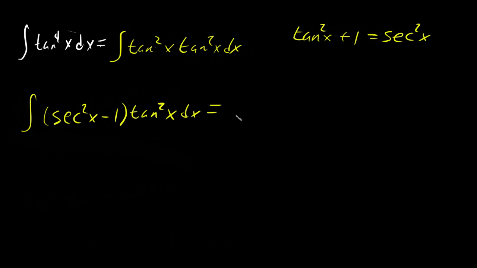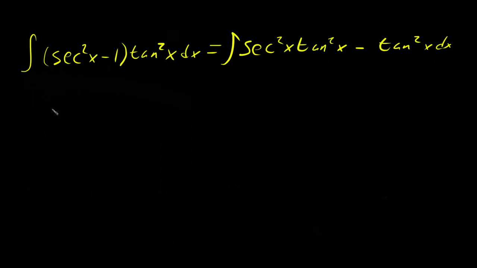Let me rewrite this going across. Okay, so one thing that you might notice is that since there's a minus here, splitting the integral is a possibility. So that's exactly what we're going to do.